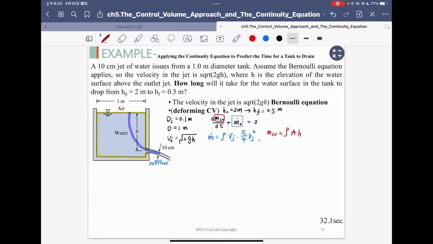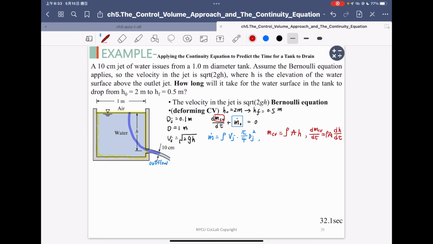So we have the water mass in the control volume. We just differentiate, dmCV/dt, because rho and A are constant values, so we only have dH/dt. It's the water depth change with time.